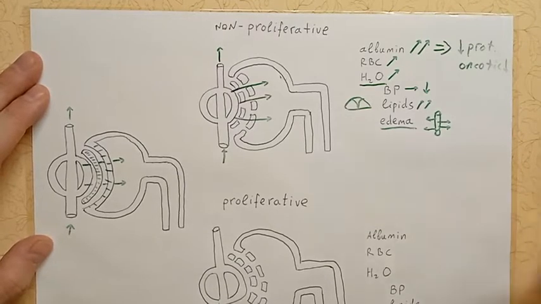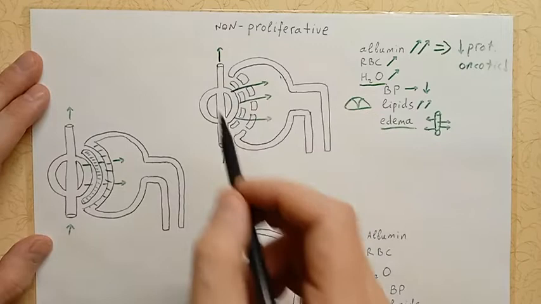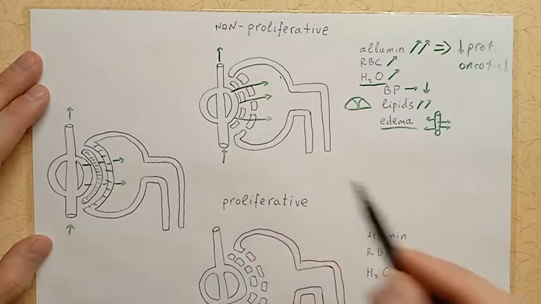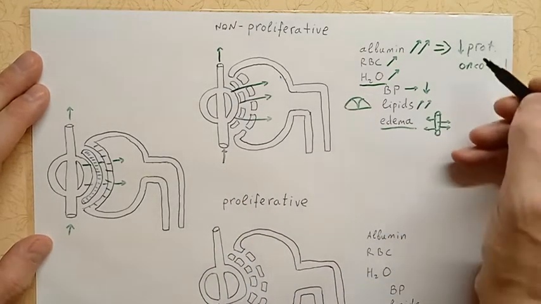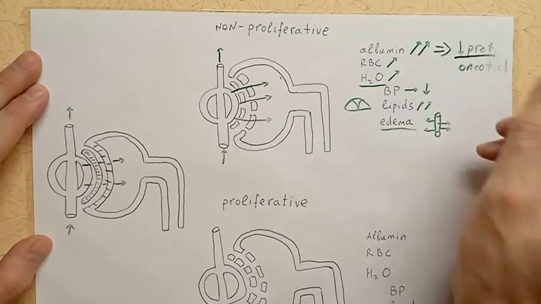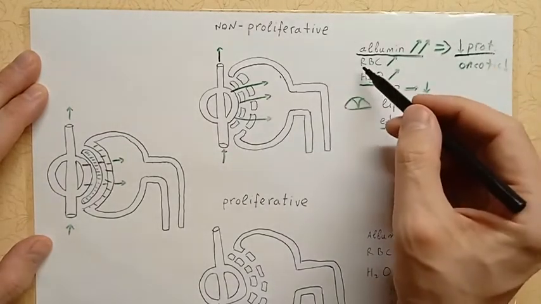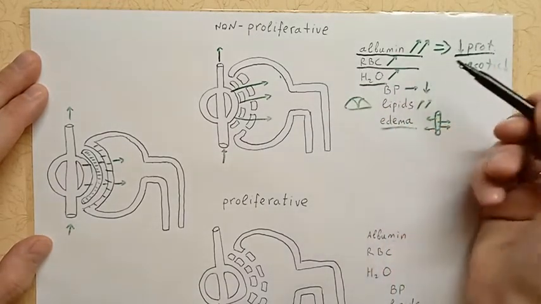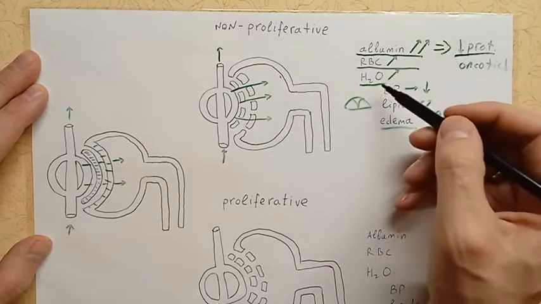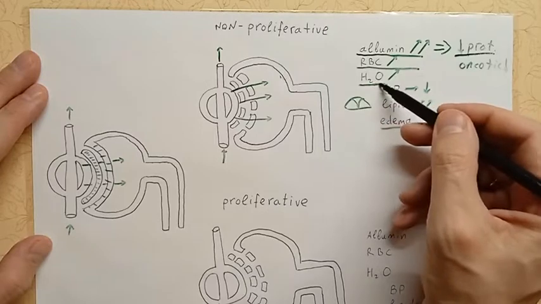So, a patient with the non-proliferative kind of glomerulonephritis will have severe proteinuria and red blood cells in the urine. At the beginning of the disease, they will have polyuria.